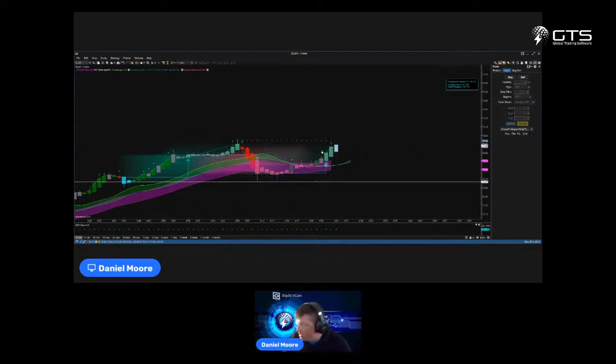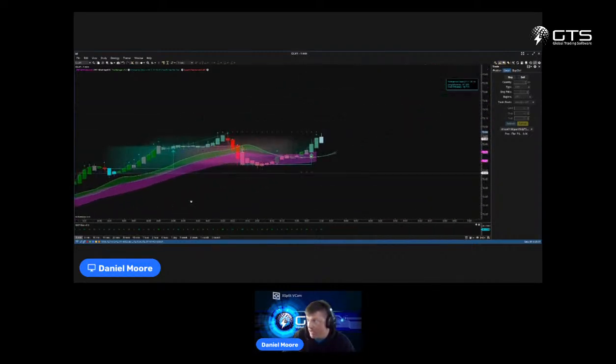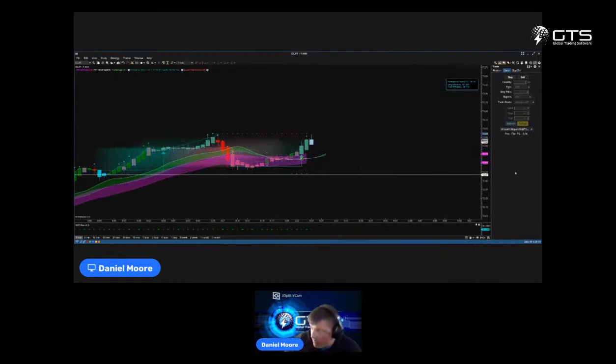It looks like we got some nice green divergence cloud coming in right here. We had some red coming in right here, but the green is looking pretty strong. And now remember, I almost forgot, we have the oil inventories coming up.